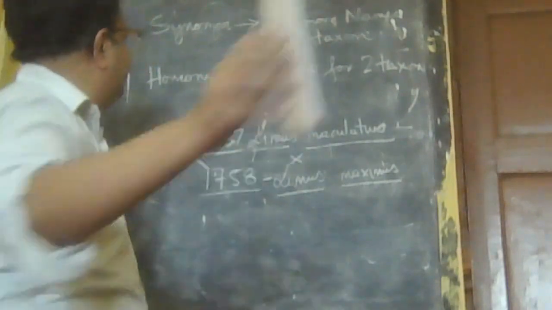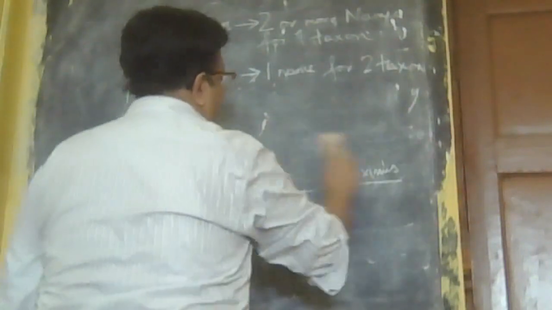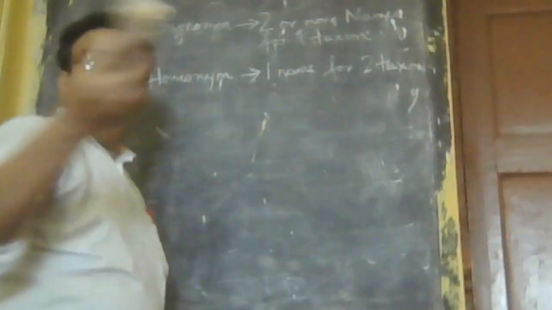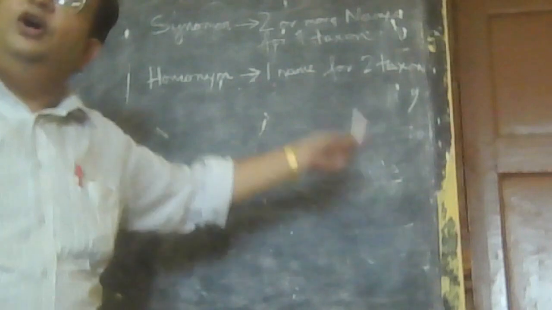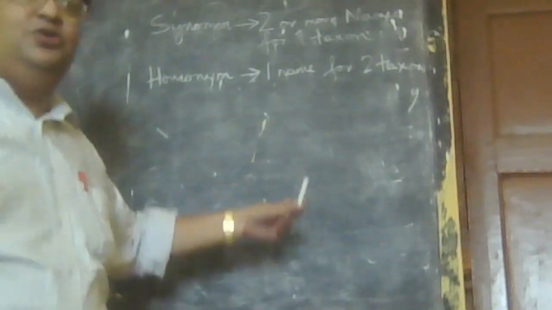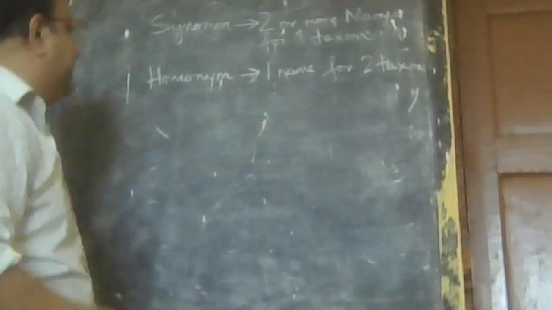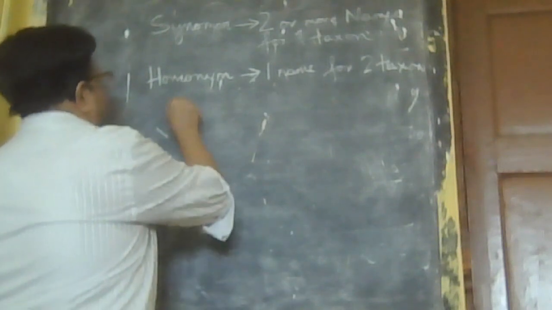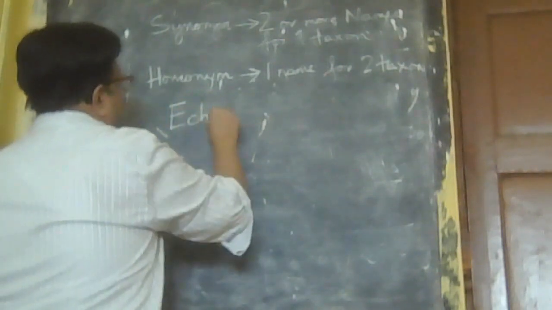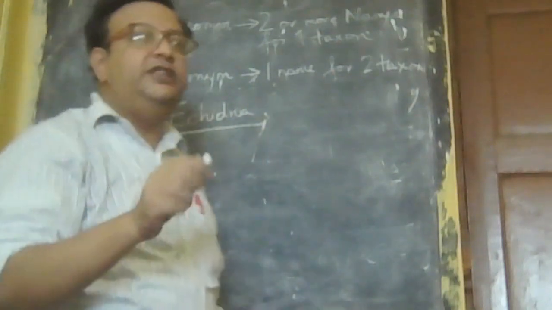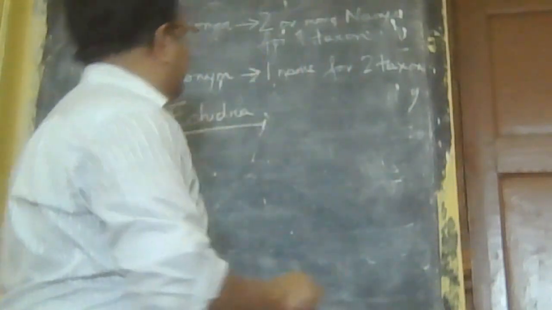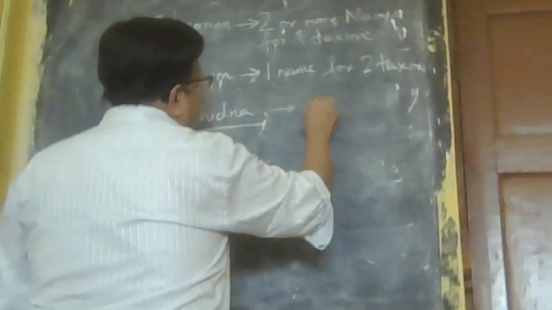Example: so for a synonym you must take the old one, the old fool always wins. For a homonym too, the old fool always wins. But there is another definition we also read when we were students, in ICZN.